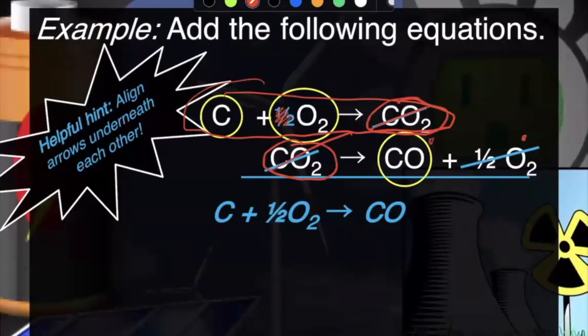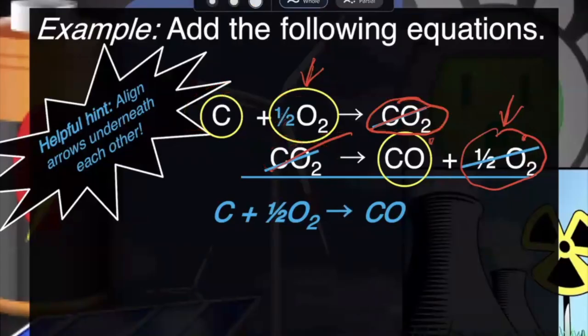Here we had O2, and on this side we had 1/2 of an O2. You can't completely eliminate what's in the yellow circle, but by crossing out the 1/2 O2 that was already here, we end up canceling out half of this O2 and having a 1/2 O2 on this side.